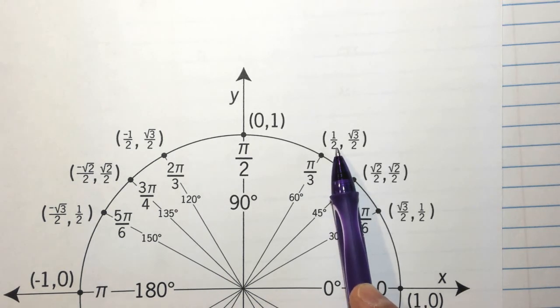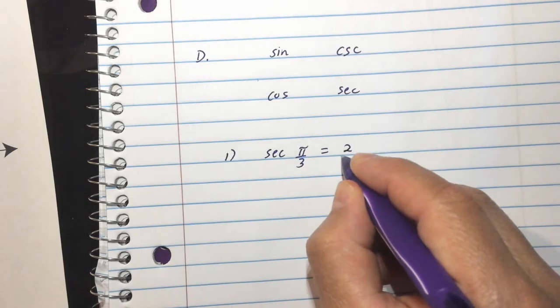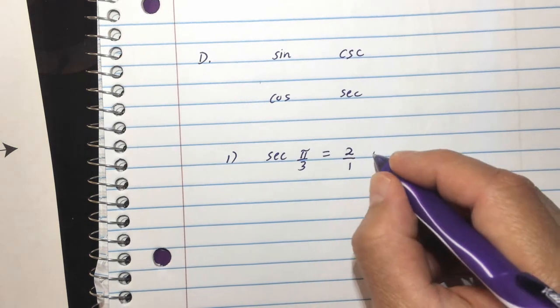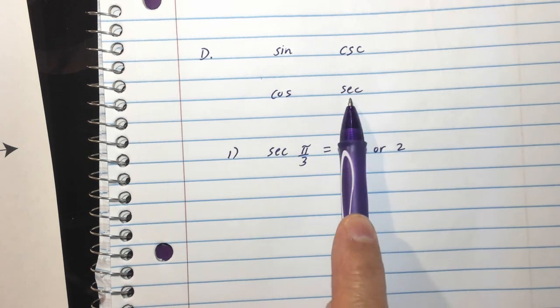So secant is just the reciprocal of 1/2. That's all you got to do. If you want to simplify it further down to 2, that's fine, but that makes me perfectly happy right there. The fact that you know secant is the reciprocal of cosine, and that you just got to flip it. That's all you got to do, flip something upside down. It ain't that hard.